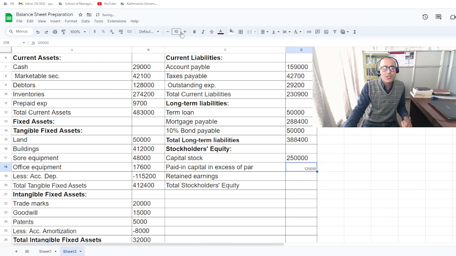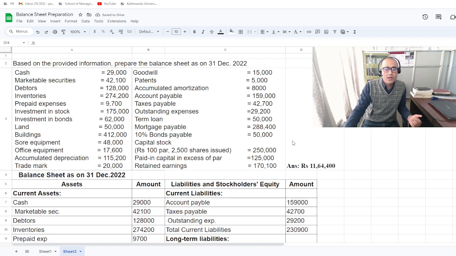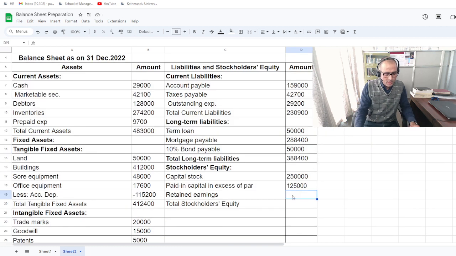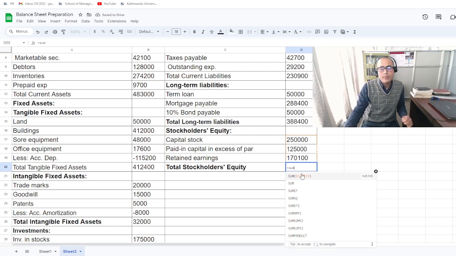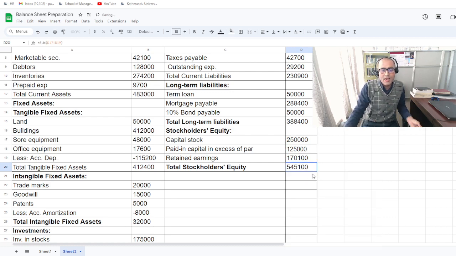Similarly, look at your retained earnings value. As I explained earlier, the company basically retains it for future reinvestment or growth purposes. Retained earnings is 1,70,100. You could again check it. Now what about the total equity? You just sum it: capital stock, additional paid-in capital, share premium, that's 5,45,100.